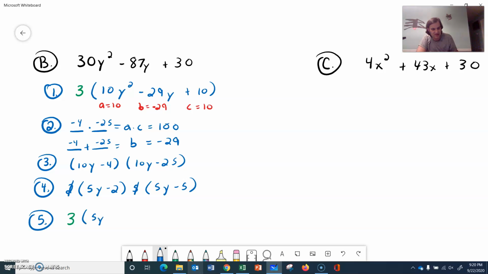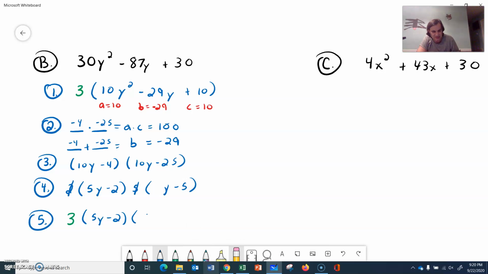times 5y minus 2 times, ooh, I made a mistake, so let's go back and fix it. When I pulled a 5 out of 10y minus 25, it should have left me 2y minus 5. So I make mistakes. I can't even write sometimes.